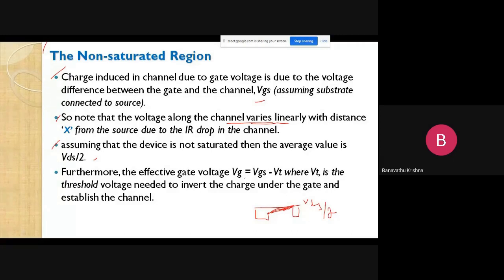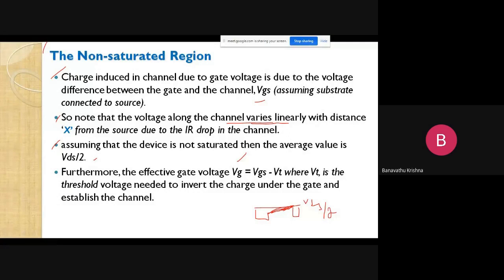VT is the threshold voltage needed to invert the charge under the gate and establish the channel. The channel is established between drain and source due to the gate voltage. This is the concept in non-saturated mode, which is the active, or resistive, mode.